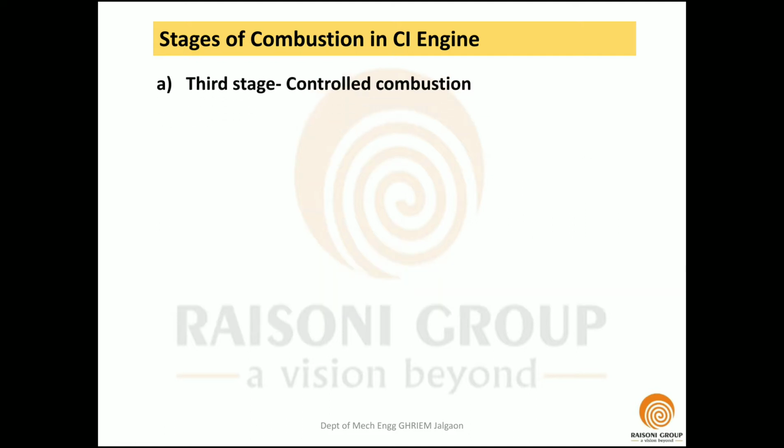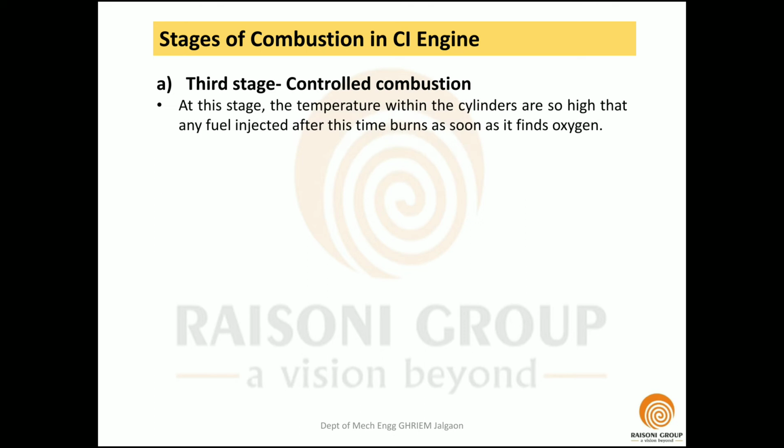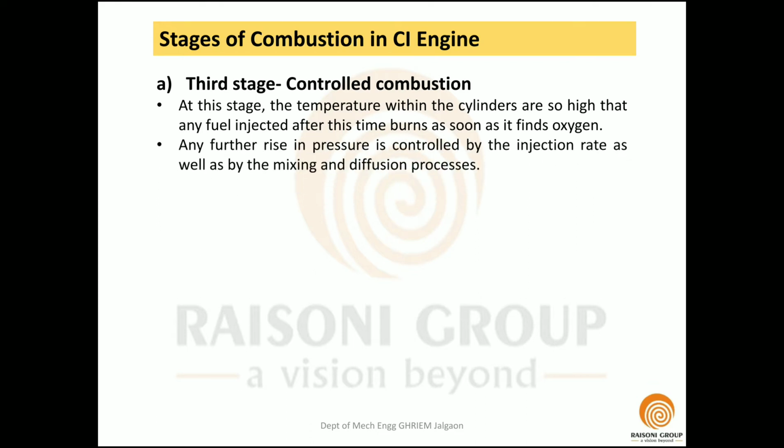The third stage, also called the controlled combustion phase, is shown by point C to D on the P theta diagram. Once the fuel and air which premixed during the ignition delay have been consumed at the end of the period of rapid combustion, the temperatures within the cylinder are so high that any fuel injected after this time will burn as soon as it finds oxygen, and any further rise in pressure is controlled by the injection rate as well as by the mixing and diffusion processes.